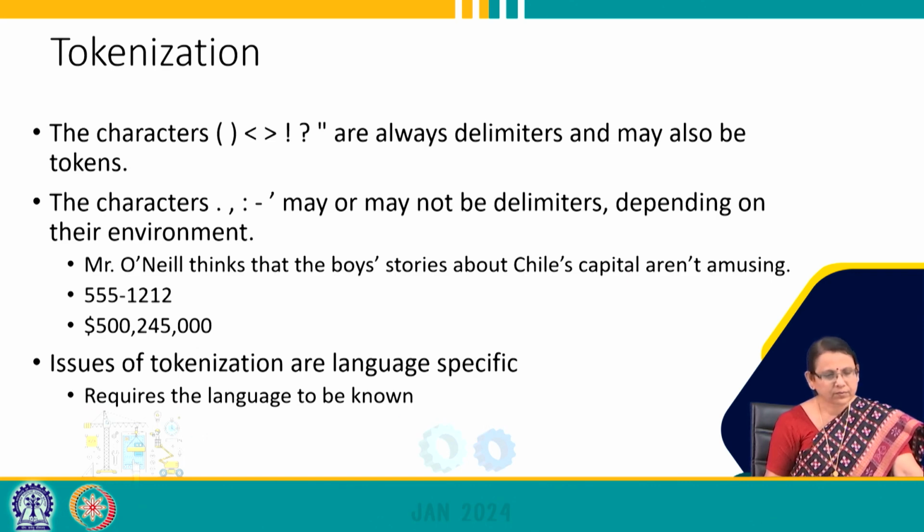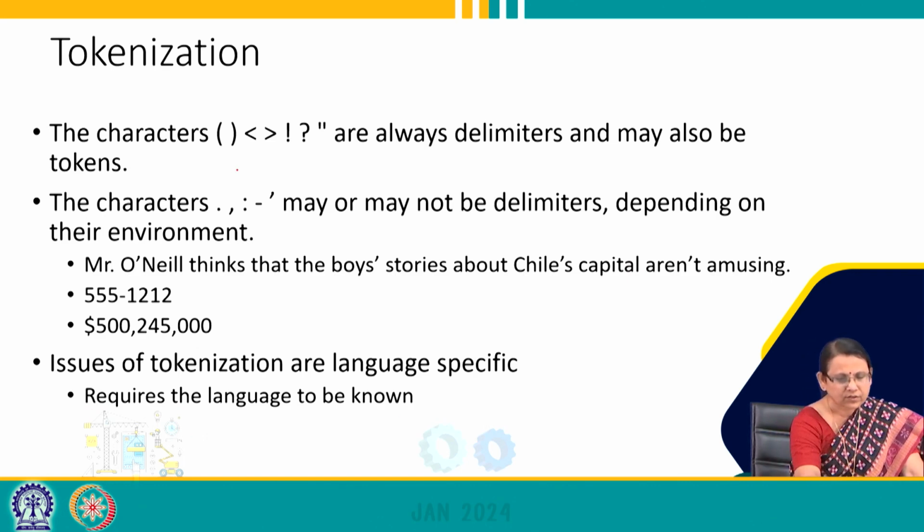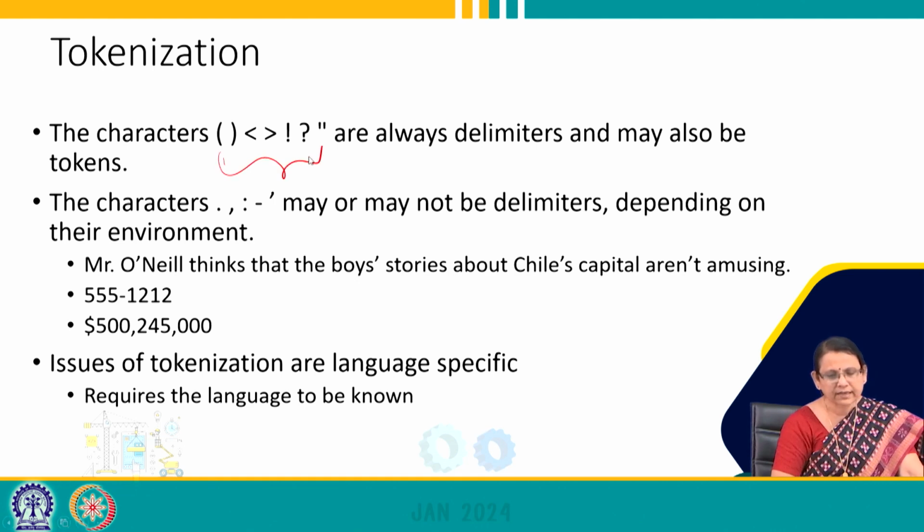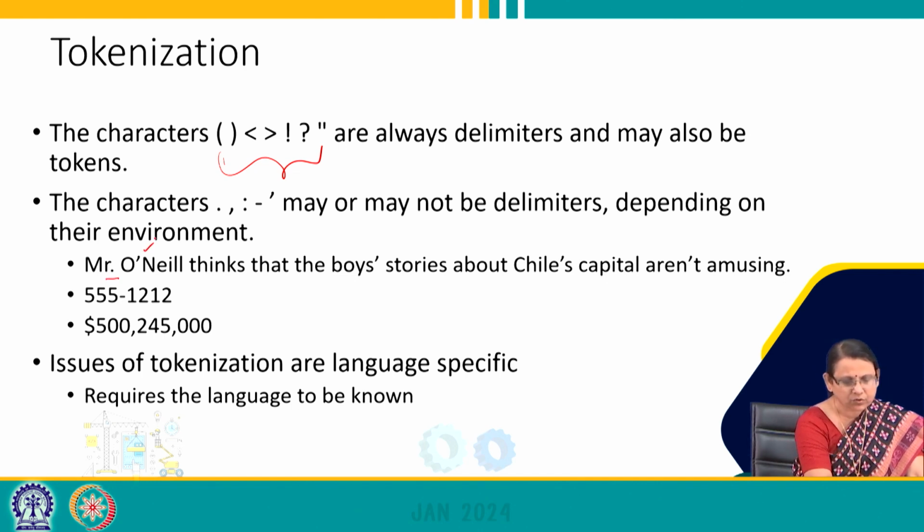During this process, though these are typically thought of as delimiters, this may not be so in many situations. For example, here a dot, here an apostrophe, they cannot be delimiters.